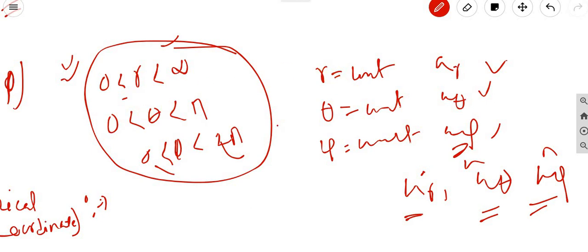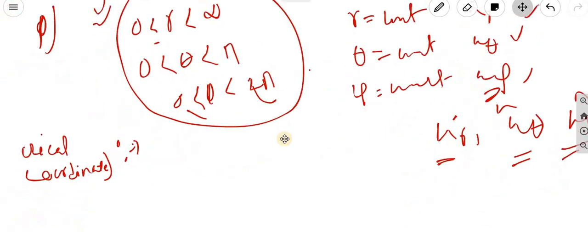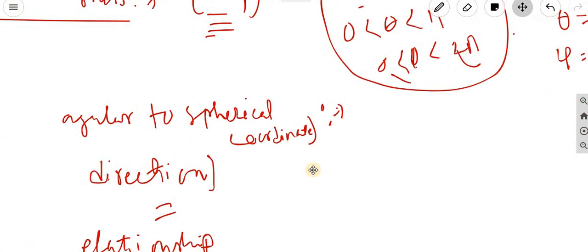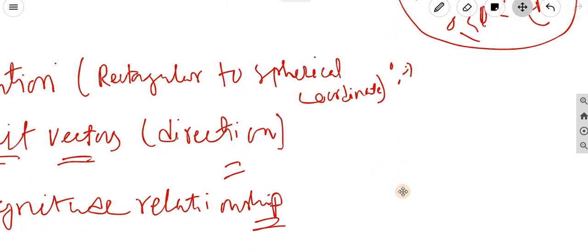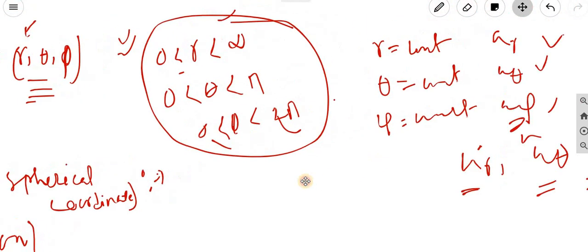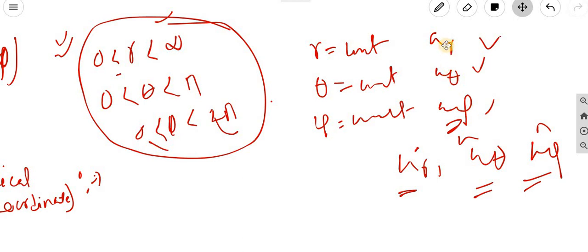We will discuss these surfaces in part 2. As of now, we will be discussing the transformation of the directions a r, a theta, a phi.